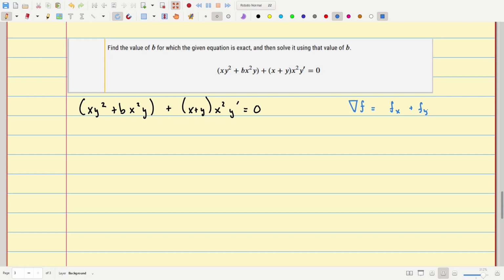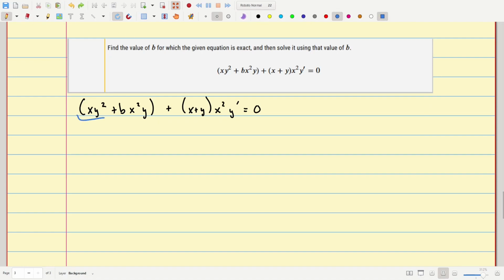And what you want to have happen here is for this, if we take the other partial derivative, for everything to end up matching. So our condition is going to be related to these partial derivatives.